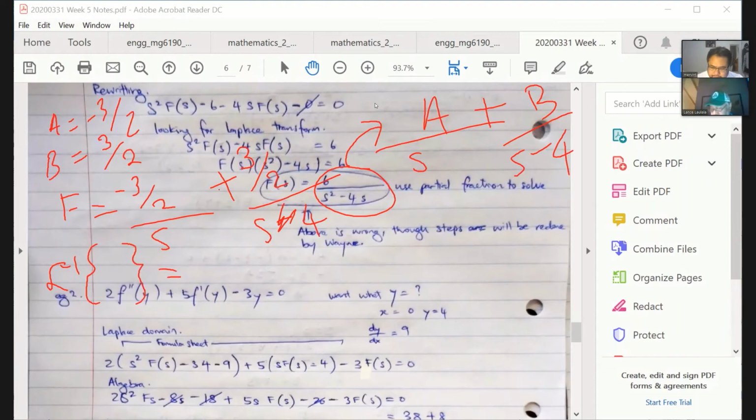So the first one would be minus 3 over 2 plus 3 over 2. That's it, and then it's just a number, isn't it?